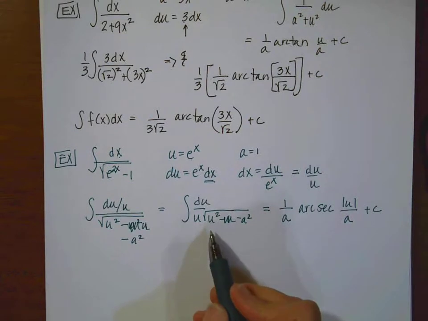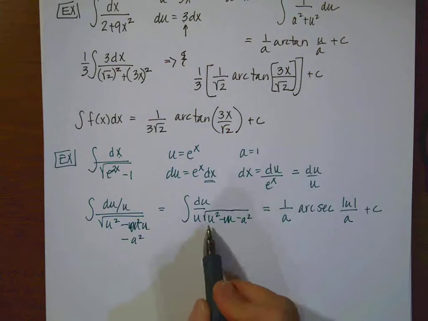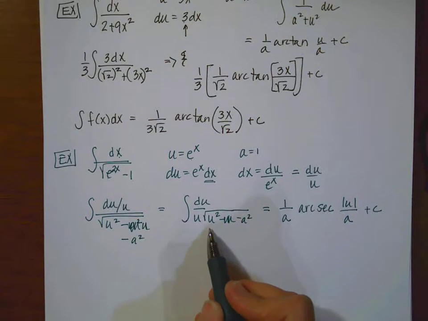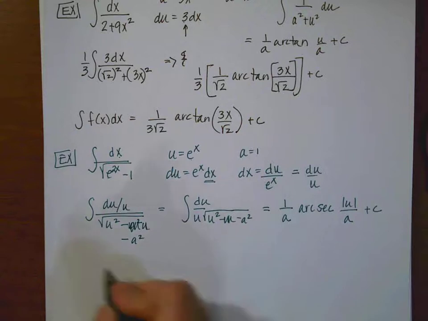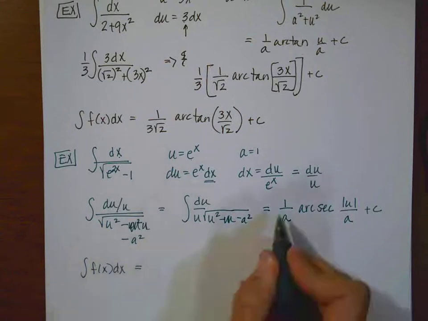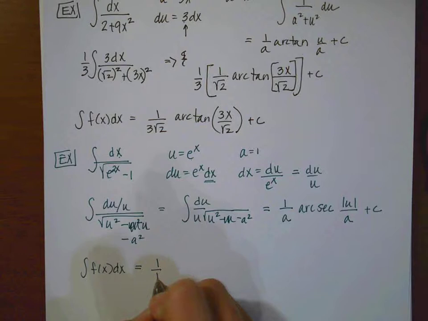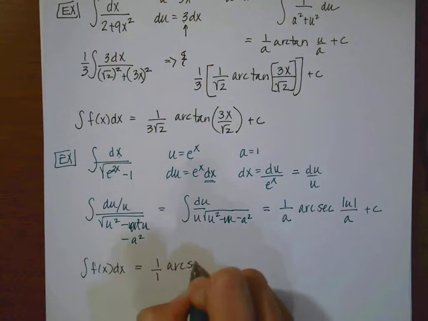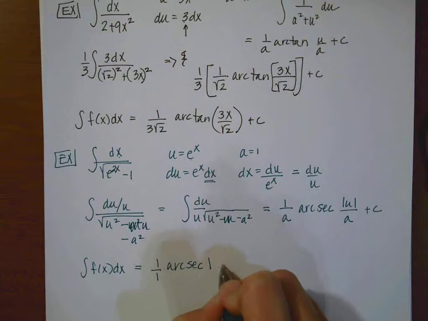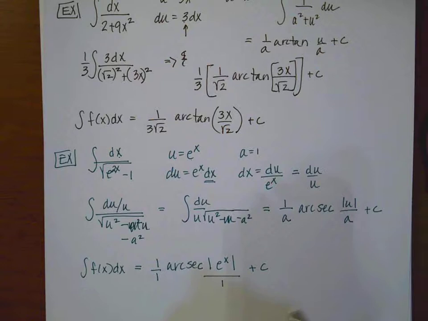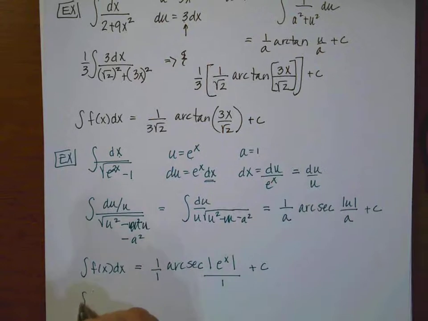Now I just need to substitute all of my values in. And remember I said, because these are really hard to memorize, have that sheet handy so you can look at where you're trying to go. So my integral of f of x dx is going to equal 1 over a, so 1 over 1 times the arc secant, the absolute value of u, over 1 plus c.